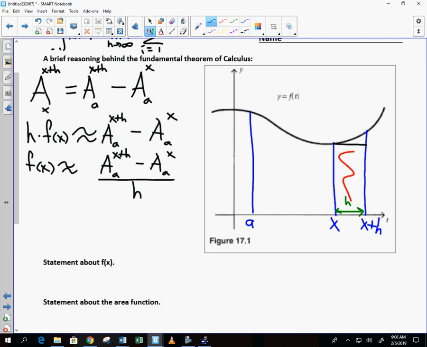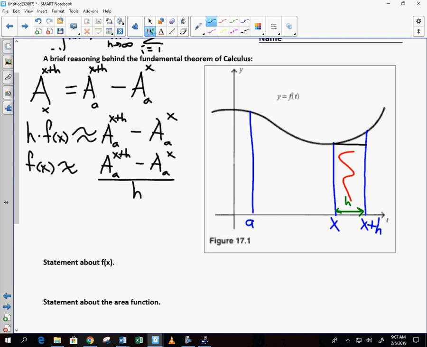Now, what if I didn't want those to be approximate? What if I wanted them to be exact? Right now, this rectangle is an approximation of that area, but we know that the actual area is a little bit more, right? What could I do to h to make sure that they would be closer together? If h gets smaller, wouldn't you agree that the rectangle would better approximate that area?